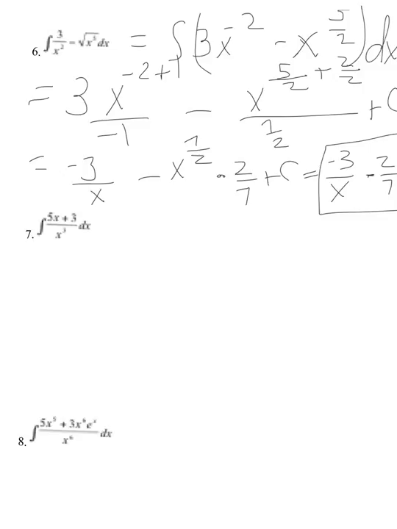Let me rewrite that so you can see it: negative 3 x to the negative 1. To differentiate, take the negative 1, multiply it times the negative 3 that's in front of it, and that would give us a positive 3 times x to the negative 2 power, right? Which is the same thing we started with, 3 over x squared.